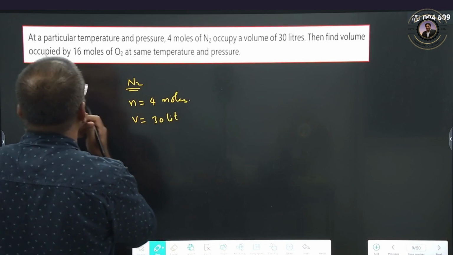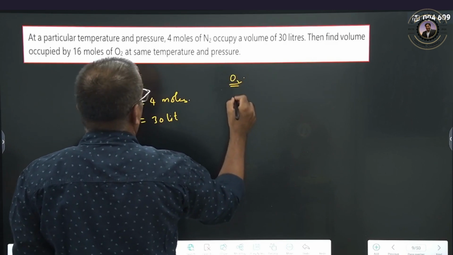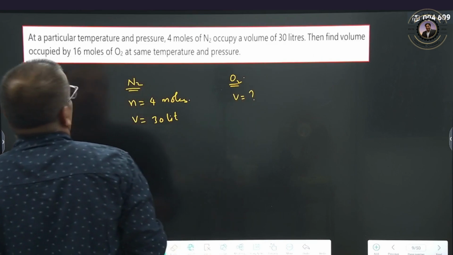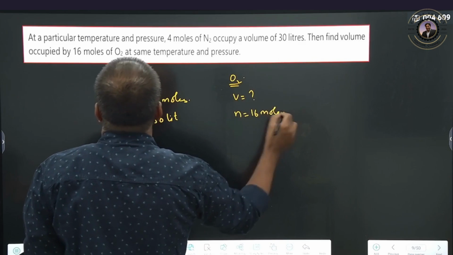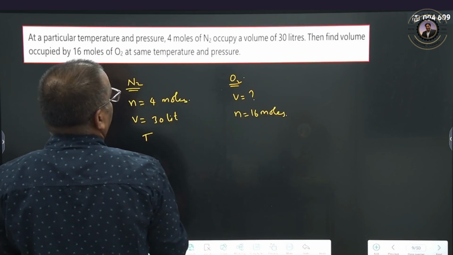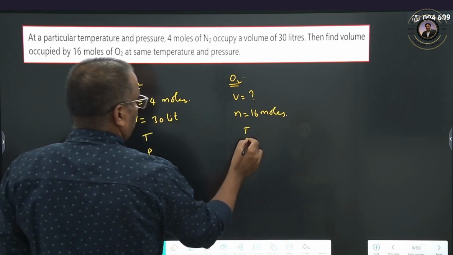Then find the volume occupied by the O2, the oxygen. The number of moles is 16 moles, at the same temperature and same pressure. Clear?